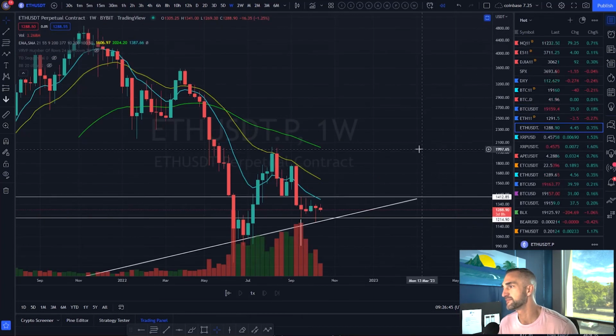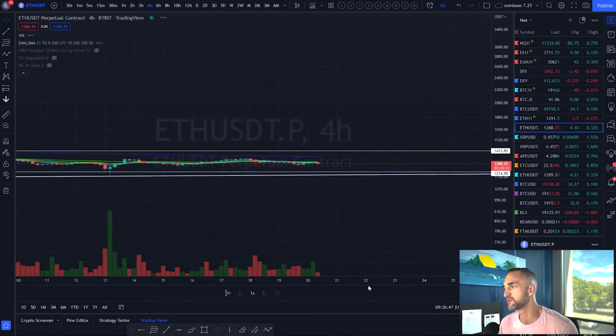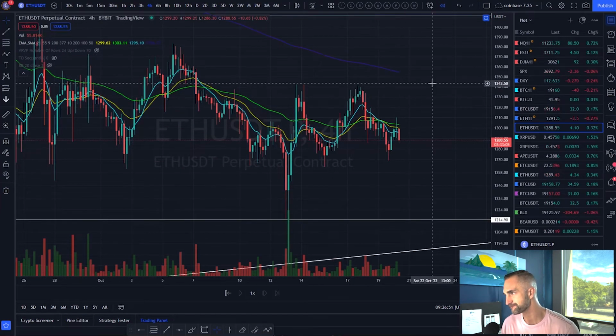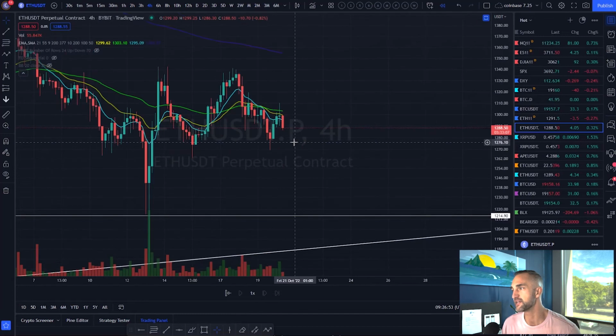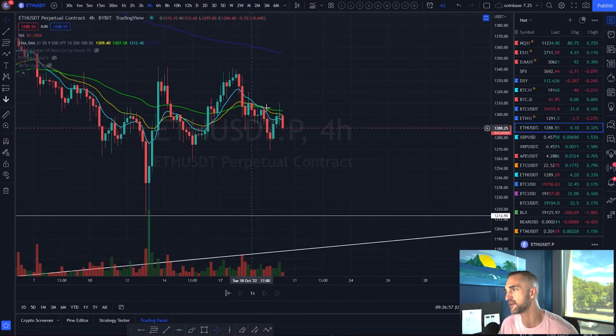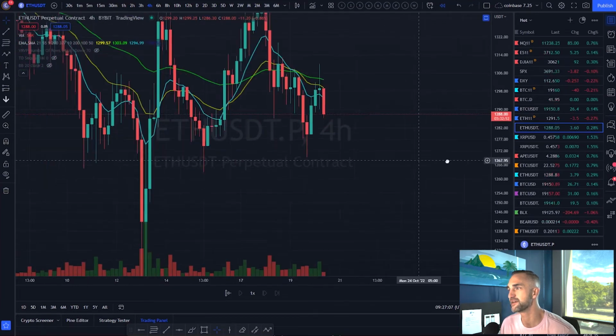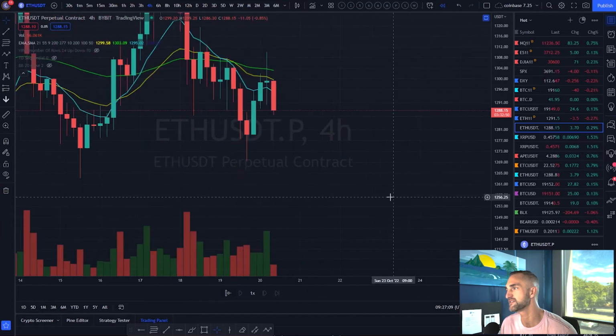Let's bring it back to Ethereum. What is Ethereum doing here? So again, you have the impulse move down here and the retracement. And this was a perfect silver cross retracement. That's what you're looking for. And how would you have traded this silver cross?